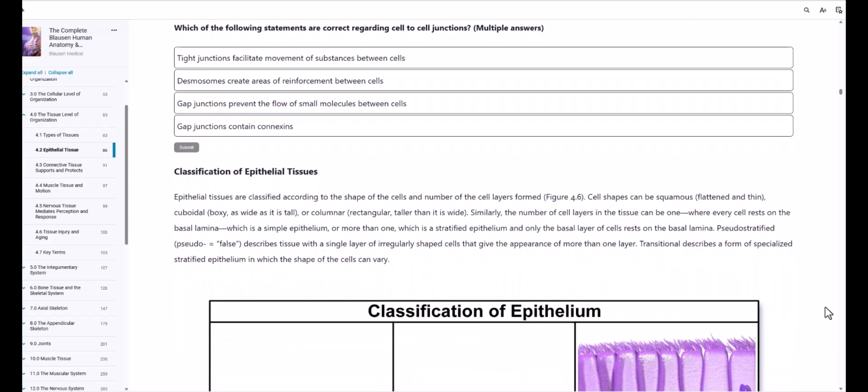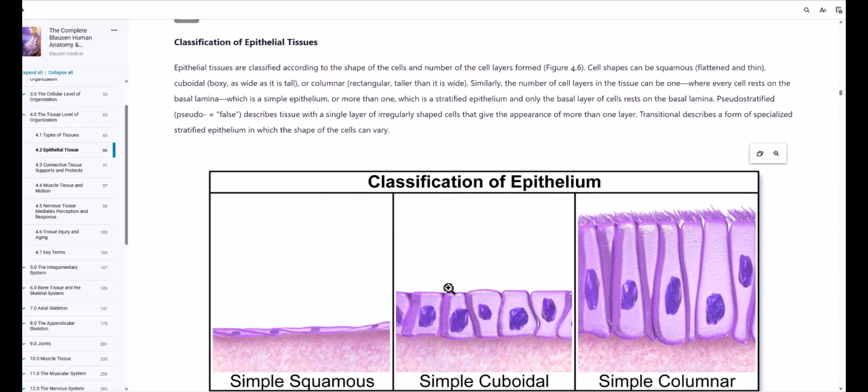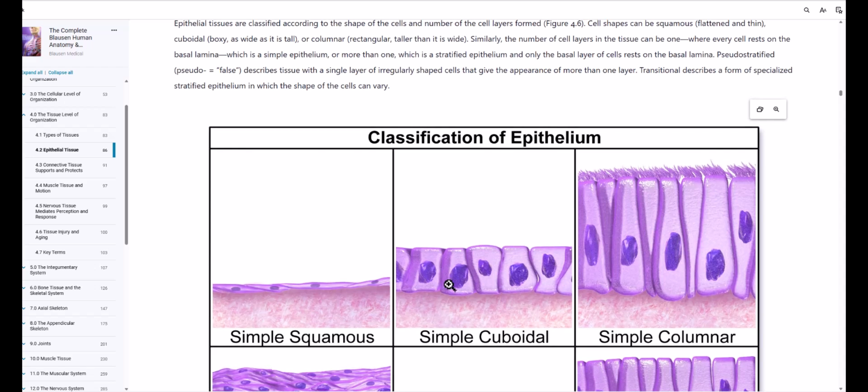So let's now get into classifying epithelial tissues. You might hear the word classify, name, describe, but if you're asked to classify, name, or describe an epithelial tissue, it's asking you, what type is it, right? Name this type of epithelial tissue. And as you'll see in lab in even more detail, epithelial tissues have epithelial cells of different shapes.